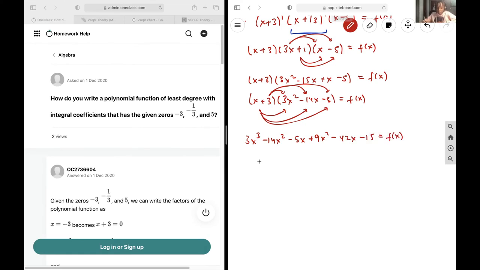And then we just collect like terms, which will give us 3x cubed. Negative 14x squared plus 9x squared is going to give us negative 5x squared. Negative 5x minus 42x is going to give us negative 47x minus 15 is going to be our f of x. And this is going to be the final answer.